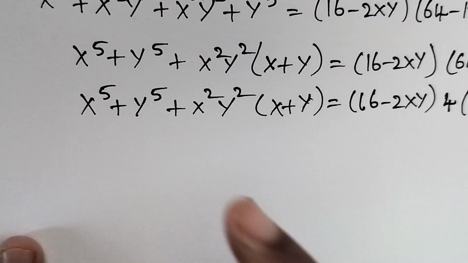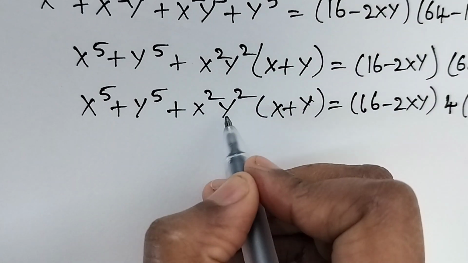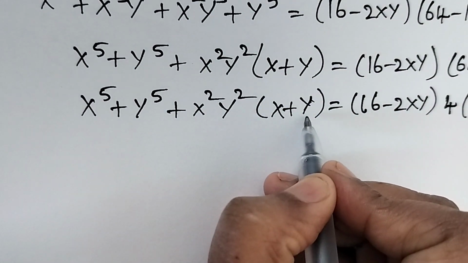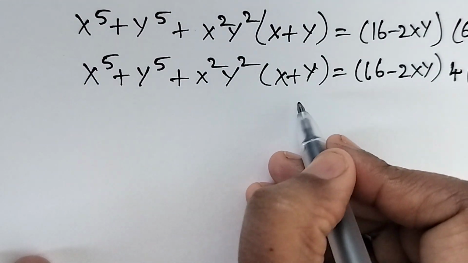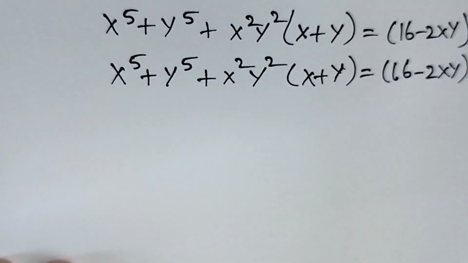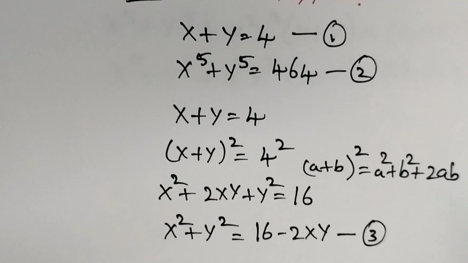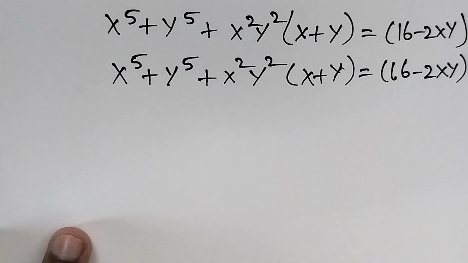So now you can see here we have x power 5 plus y power 5. So here we have x plus y. So we know that x plus y is equal to 4, and x power 5 plus y power 5, which is given in the question, is 464.